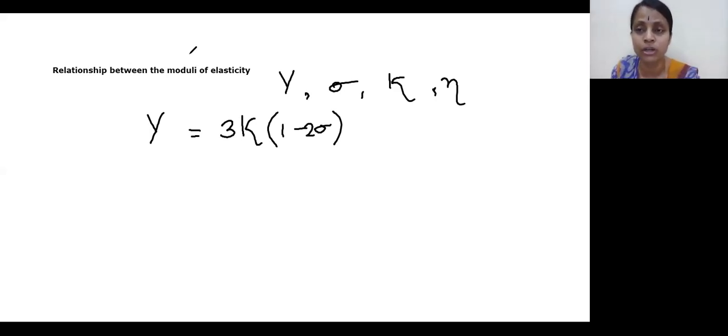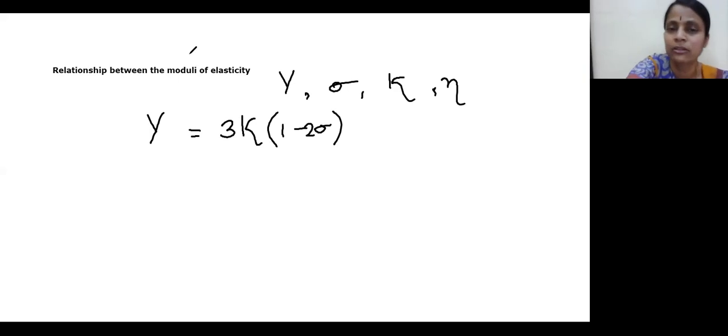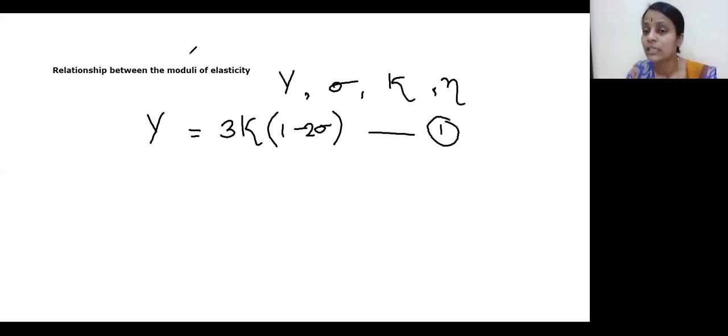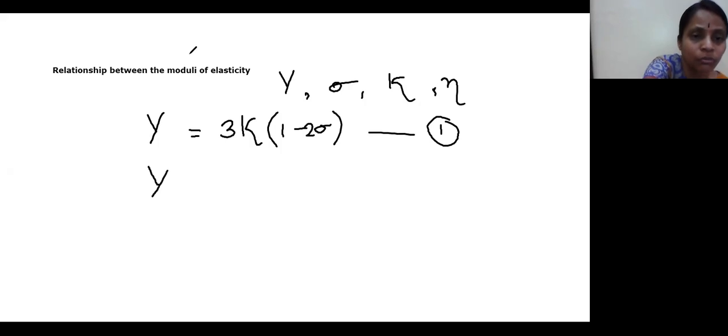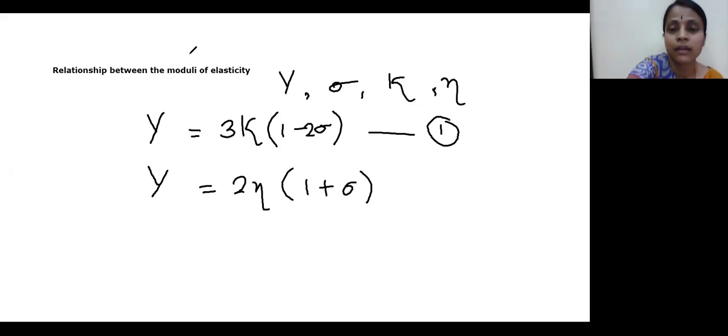I again repeat, children, this is only meant for numerical purposes and no derivations are necessary. So kindly take the relationships, that is enough. This is one relationship that relates Young's modulus with bulk modulus and Poisson's ratio. The next one is Young's modulus again. Y is going to be equal to, I'm going to equate it with rigidity modulus, 2 eta into 1 plus sigma. Right? So this is Young's modulus with rigidity modulus.